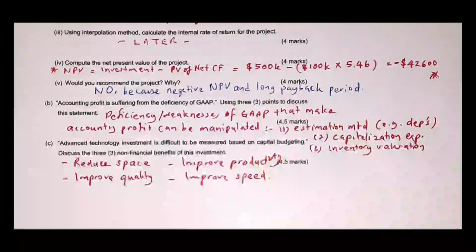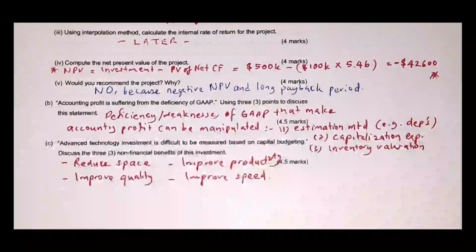For example, when a company wants to calculate depreciation expense, the company is allowed to use several methods like straight line method, reducing balance method.